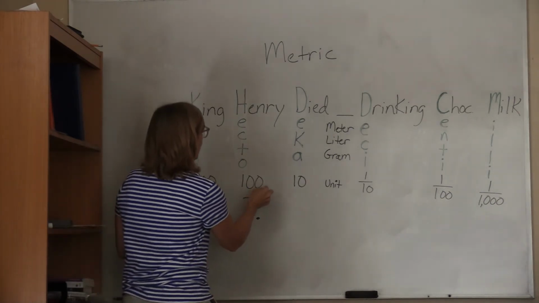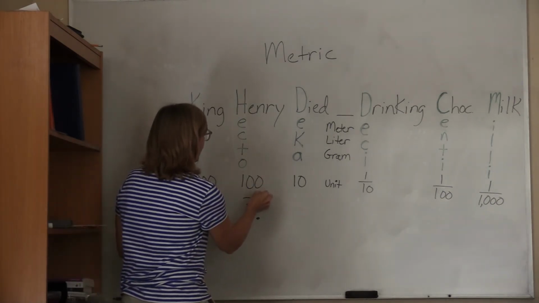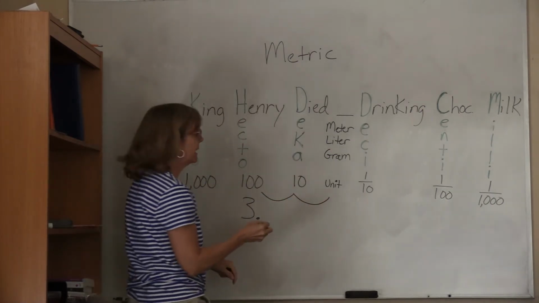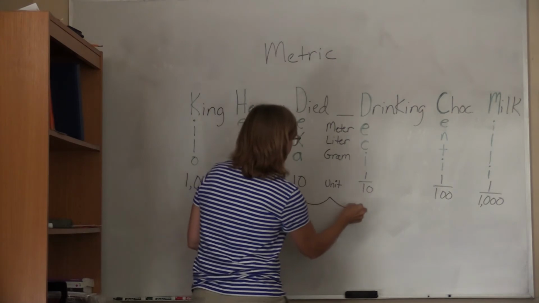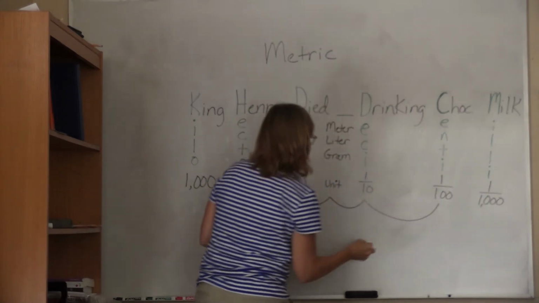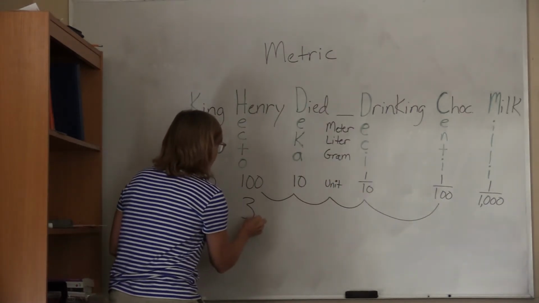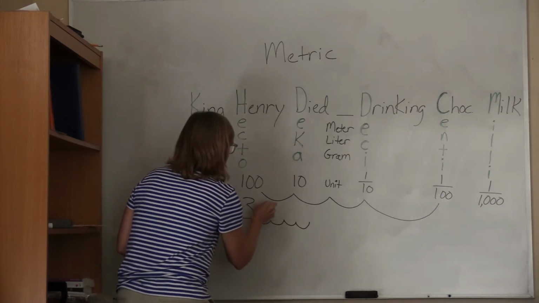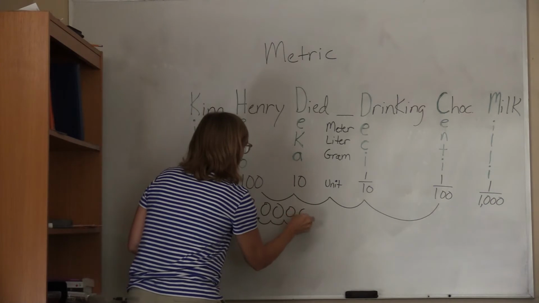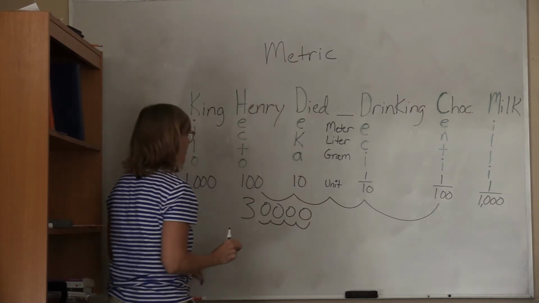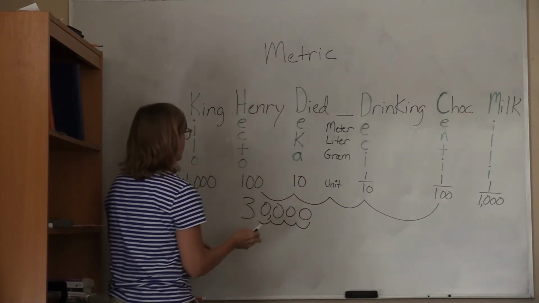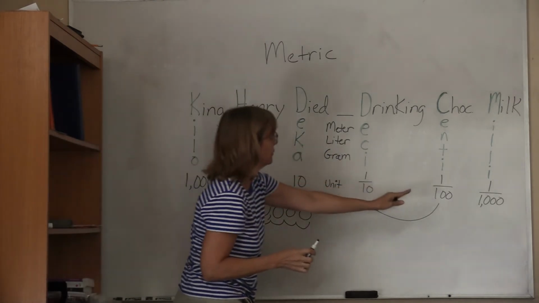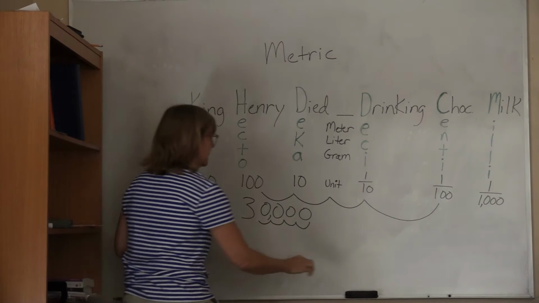So I'm going to go 1, 2, because my unit does count, 3, 4. So I'm going to move my decimal 4 places, which means I'm adding 4 zeros, so 30,000. So 3 hectometers is 30,000 centimeters.